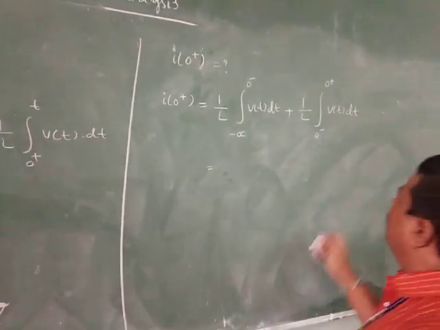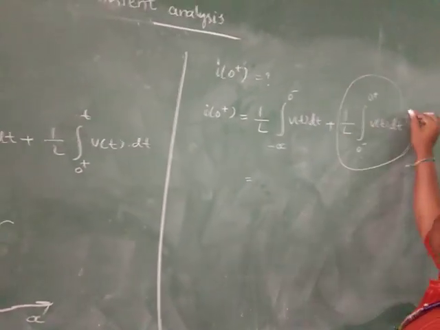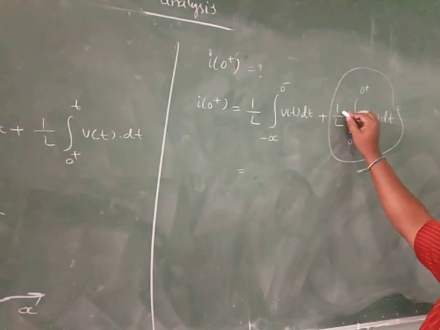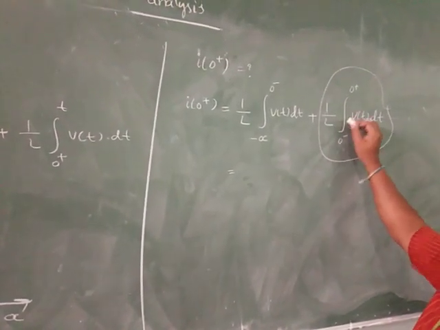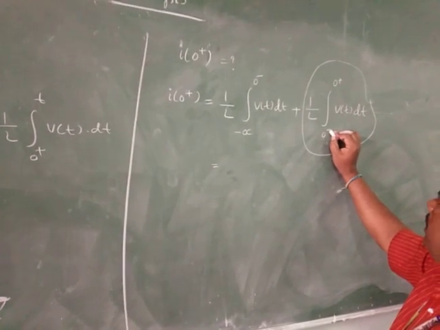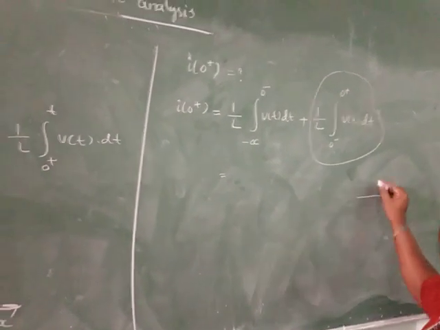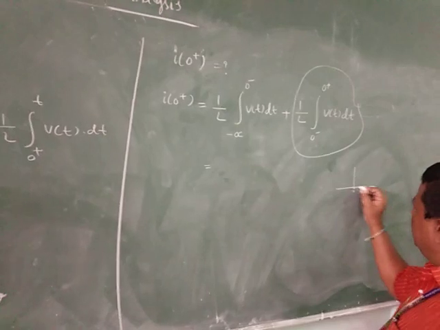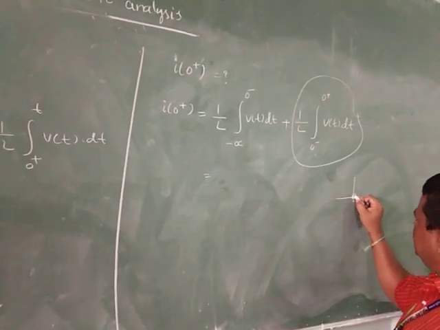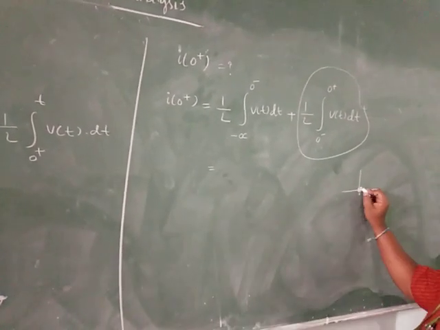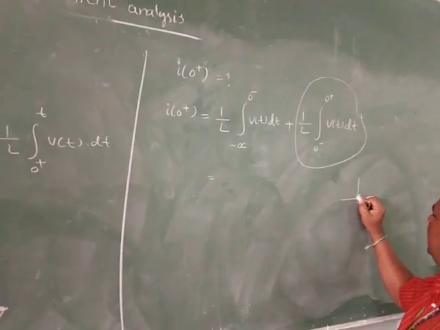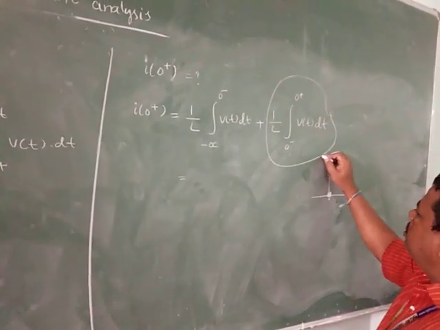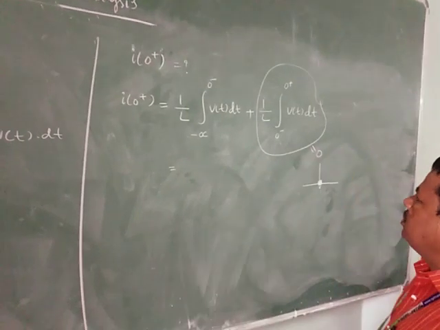Concentrate on the second term, 1 by L integral 0 minus to 0 plus. Here this is 0, this is 0 minus, this is 0 plus. The area under this is equal to 0, so the second term is equal to 0.